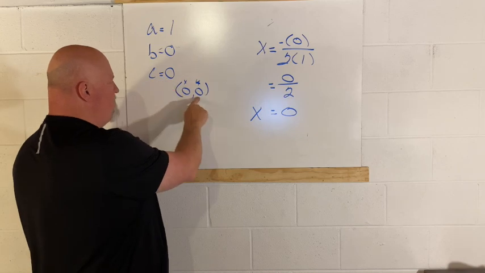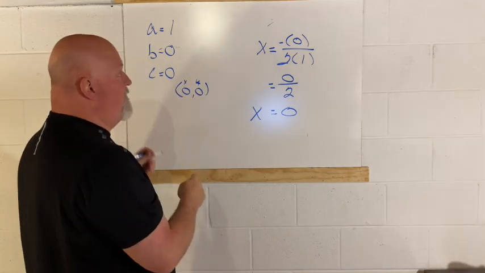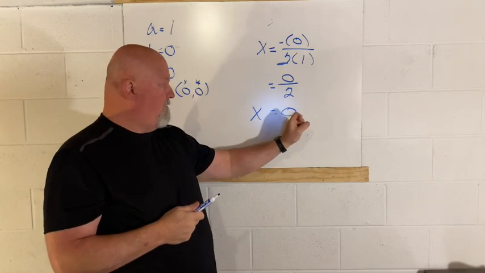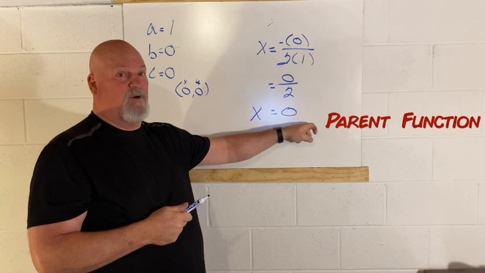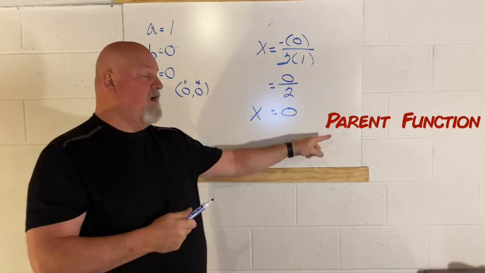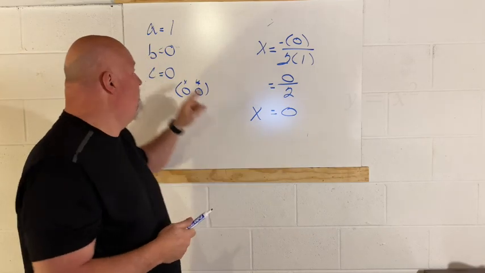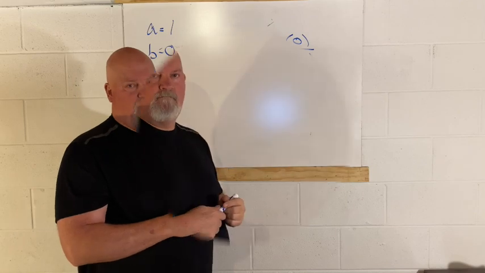So 0, 0. Okay, that makes sense. You know what all this is called? This function right here is called the parent function for quadratics. Parent function. That means all the other functions build off of this guy right here. So all the other functions build off of y equals x squared.